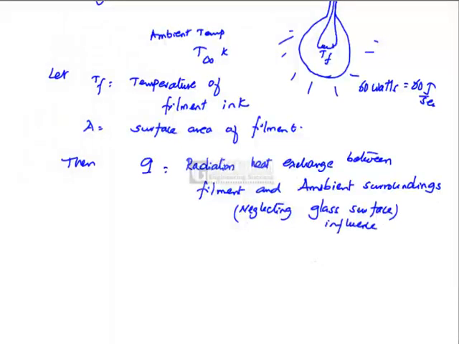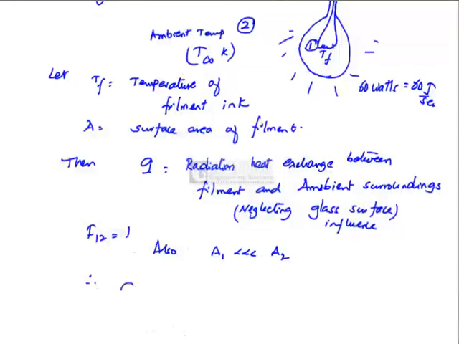We are taking the filament as surface 1, ambient as surface 2. So here F12 is equal to 1. Also A1 is far lesser than A2 because the filament area is almost negligible as compared to the surrounding ambient surface area. Ambient means all the room, etc., which is at a temperature of T infinity Kelvin.